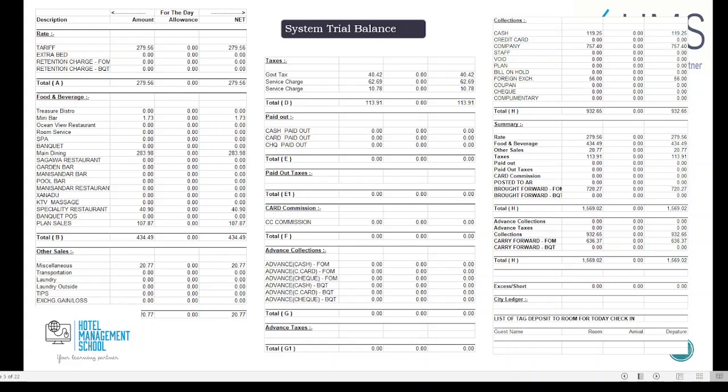Those things are handled by somebody else, not by the income audit. They post into the contra accounts, and those who take care of other transactions like AR post into the AR transactions, so that the systems match, especially when you are using different systems, right? For PMS you're using Opera, for POS you are using Infosys, for accounting you may be using Sun, for cost control you may be using another module.